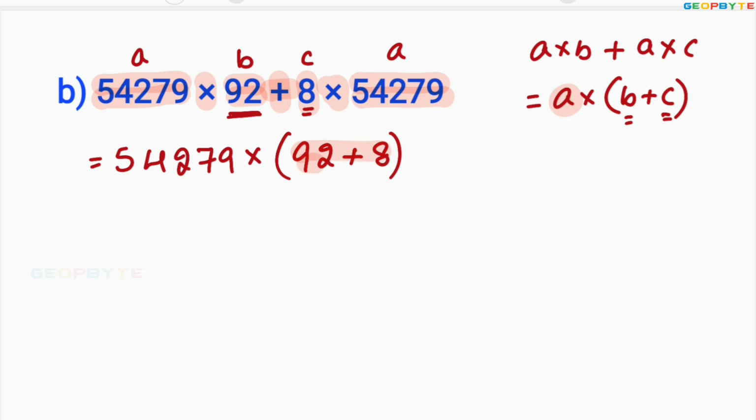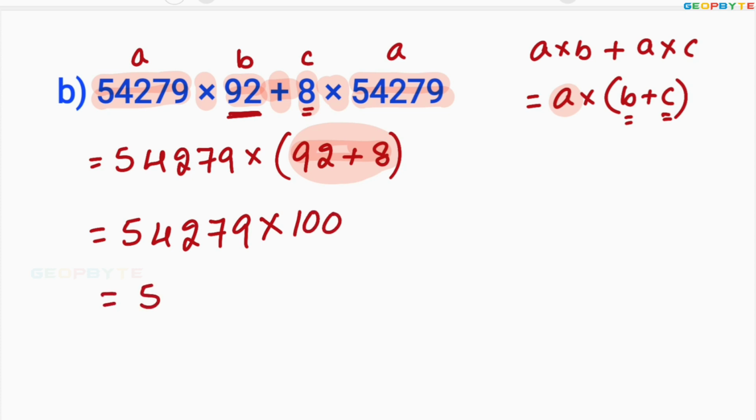What is 92 plus 8, my dear students? 100, a round figure. 54279 multiplied by 100: you write 54279 and after that, you place these two zeros. You got your answer. See how simply you are getting the answer. I hope all of you clearly understood.